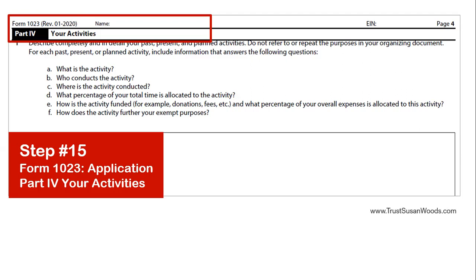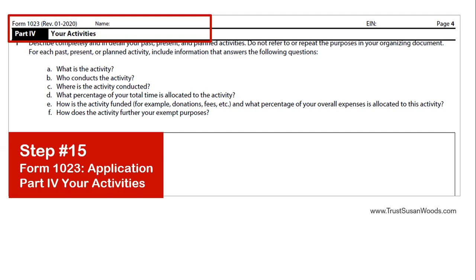So what are you required to do here? You are required to describe your past, present, and planned activities. Do not refer to or repeat the purpose in your organizing document. For each past, present, or planned activity, include information that answers the following questions. A, what is the activity? What are you planning to do in the community?